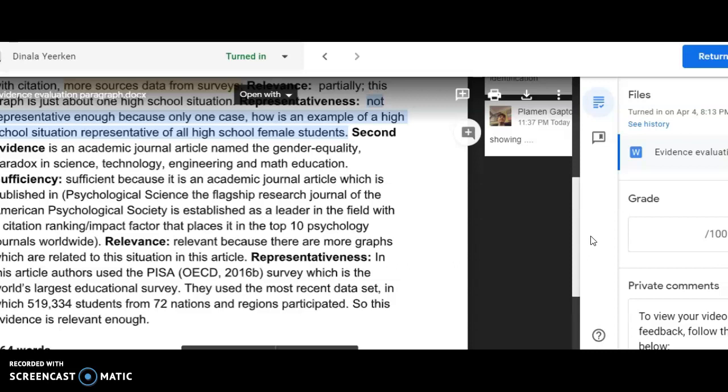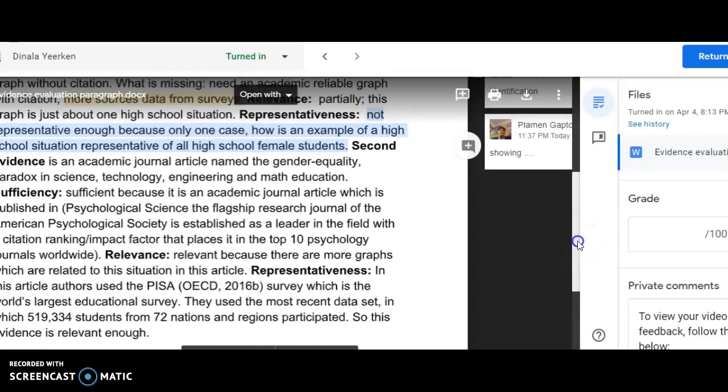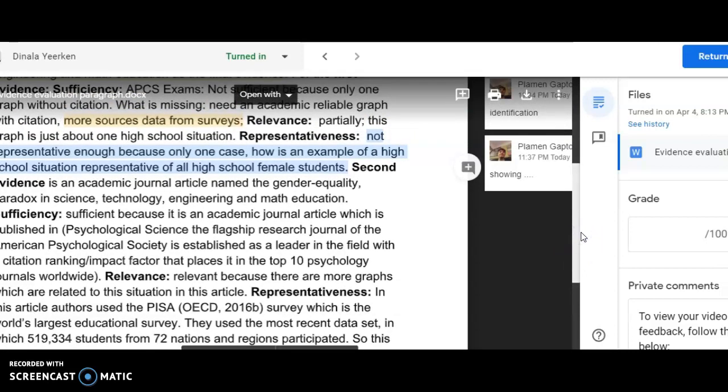You see, you can pick and choose, but talking about the three aspects for each single piece of evidence is just impossible in 200 words. Now, as far as sufficiency, you obviously have to include the whole body. Is all the evidence taken together sufficient, right? For sufficiency, we examine all the evidence together. But for relevance and representativeness, you can pick and choose.